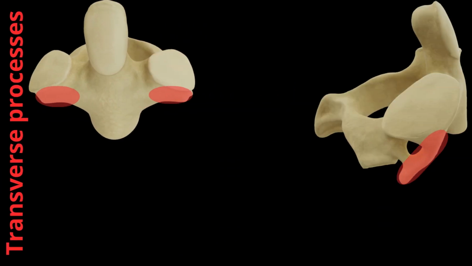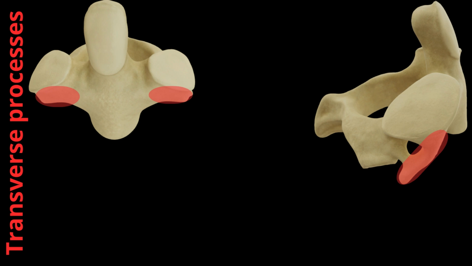Transverse processes. Projecting laterally and inferiorly from each side of the pedicle, lamina junction is the transverse process. The transverse processes are small and pointed. They do not contain the anterior tubercles found in typical cervical vertebrae. The posterior tubercle of a typical cervical vertebra is homologous to the rounded tip of the transverse process.